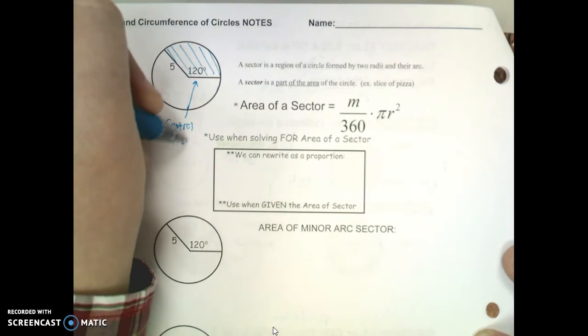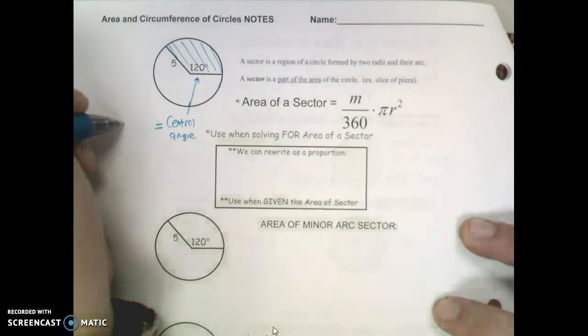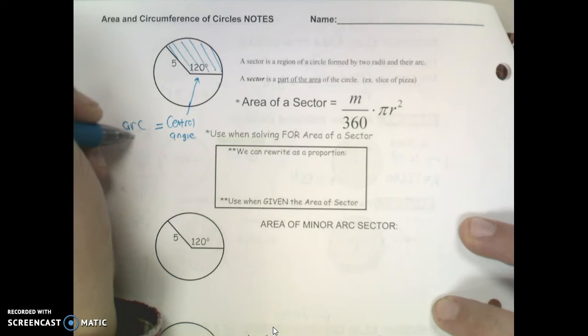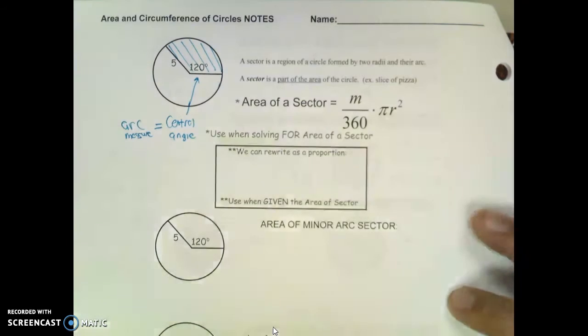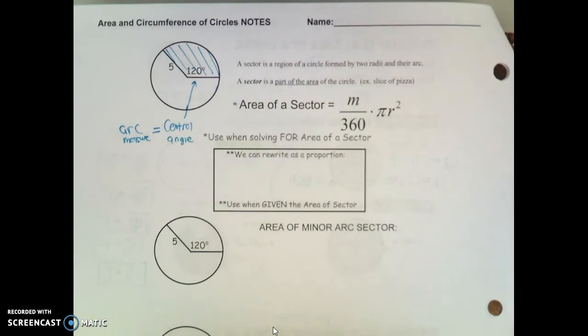And what's great about a central angle, as we've talked about, is that central angles are equal to their arc measure, meaning not the arc length, but the arc measure. There's 360 degrees in a circle, so 120, for example, that ends up being exactly 1/3 of the circle.